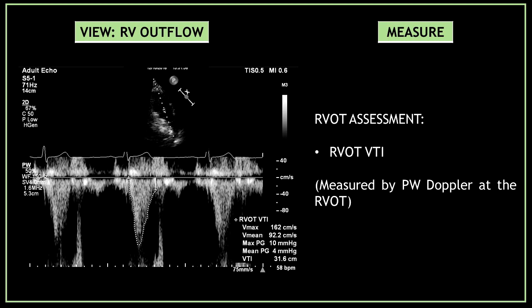And to finish, if you need to, because it's not mandatory, you could measure here the right ventricular outflow tract VTI. This is also measured by pulse wave Doppler at the right ventricular outflow tract.